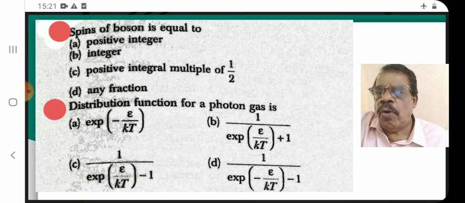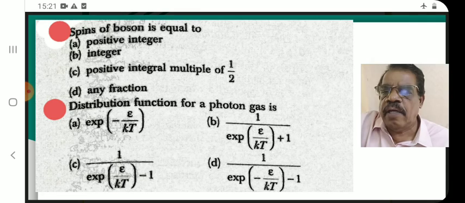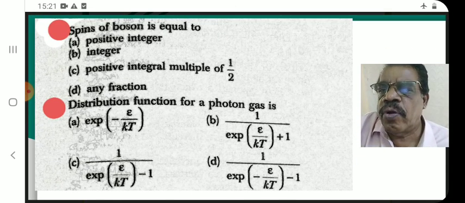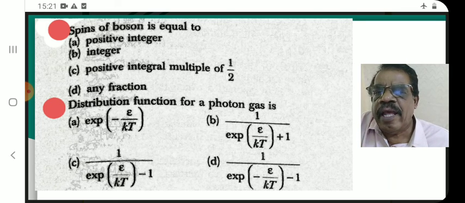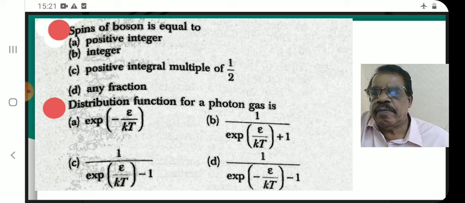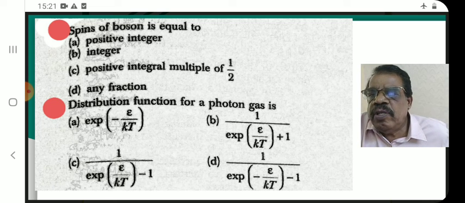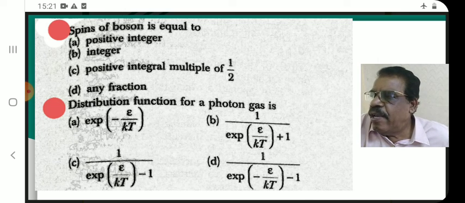Only we have to remember the answers, and these things you study in your theory classes. The first question is, the spin of a boson is equal to: A, positive integer; B, integer; C, positive integral multiple of half; D, any fraction.